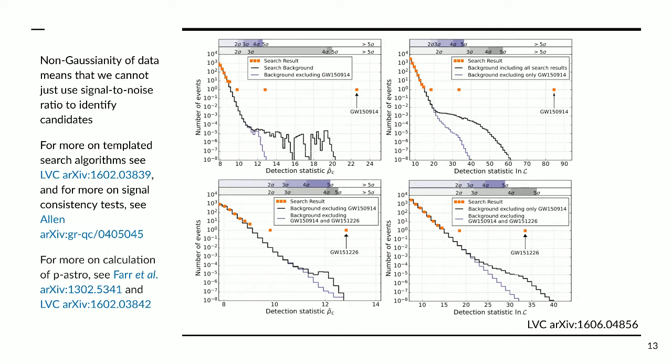Okay, so in these plots, we have the background distribution plotted in black here. And you can see there's a nice tail of the distribution going down. So we have more things with low ranking statistics. That makes sense. As the ranking statistic gets larger, these should be rarer.